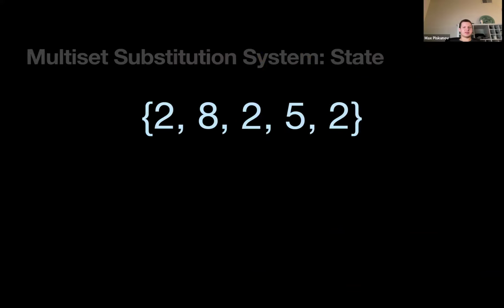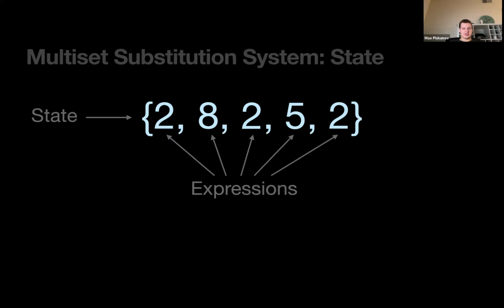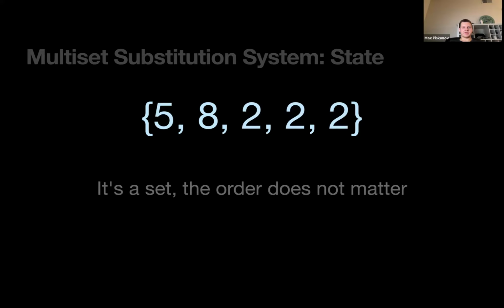So first of all, what is a multiset substitution system? The state of the multiset substitution system is an unordered multiset of expressions. For example, here the expressions are just numbers, and so order doesn't matter.